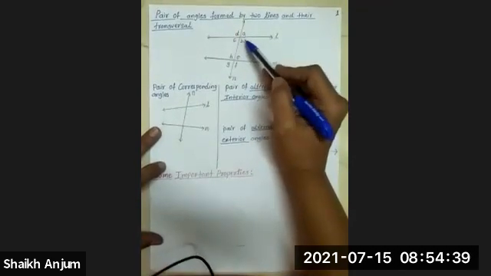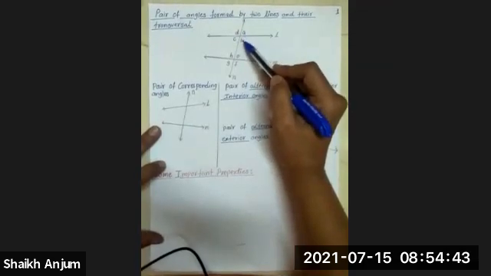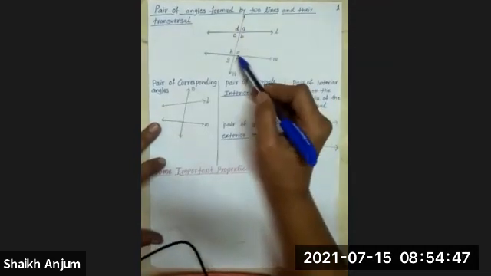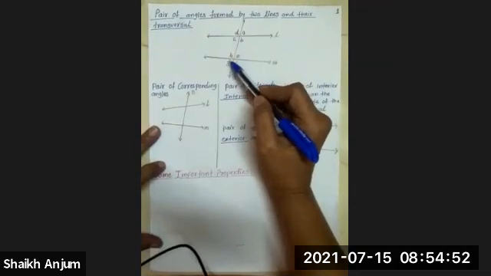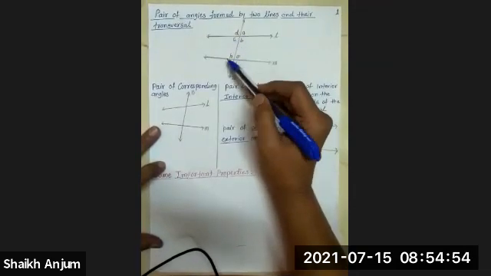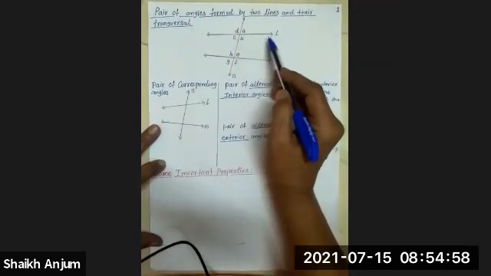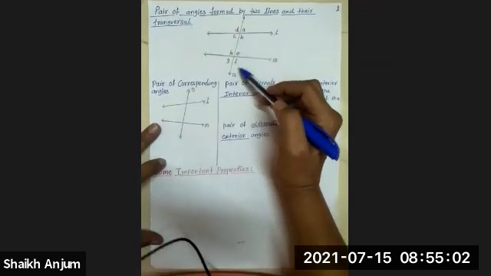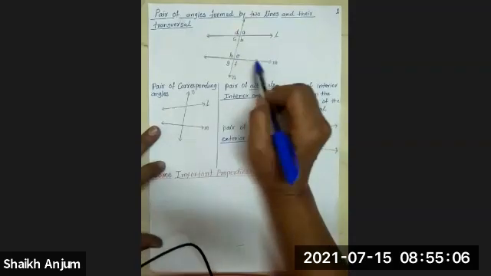Here you can see these are the 4 angles, angle A, angle B, angle C, and angle D. And here angle E, angle F, angle G, and angle H. These are the 8 angles formed due to two parallel lines and their transversal. Okay, here those are not parallel lines, those are two lines.